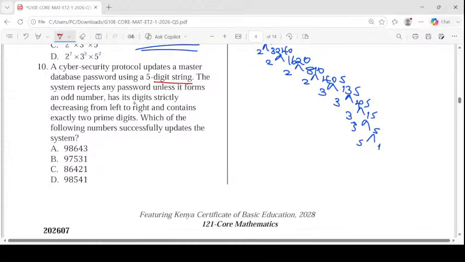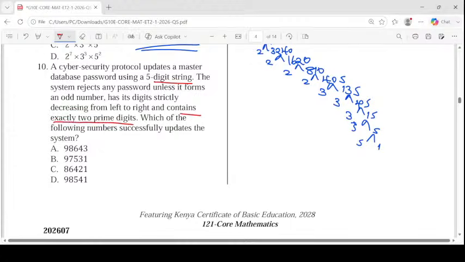Has its digits strictly decreasing from left to right. The digits from left to right should be decreasing. 98643, yes. 97531, yes. 86421, yes. 98541, yes.